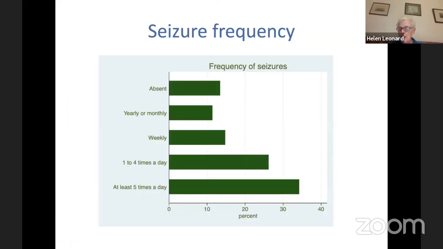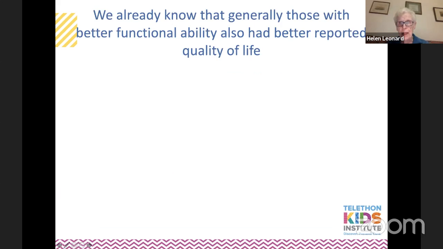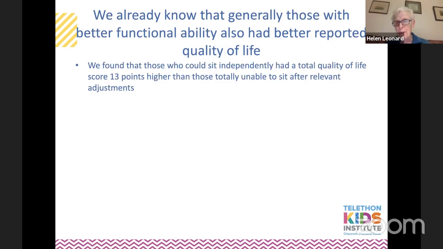So the frequency of seizures also varies from about 13% here who don't have seizures to about 35% who are having seizures at least 5 times a day. So considerable variation. We've already shown that those who have better functional ability also have better reported quality of life.